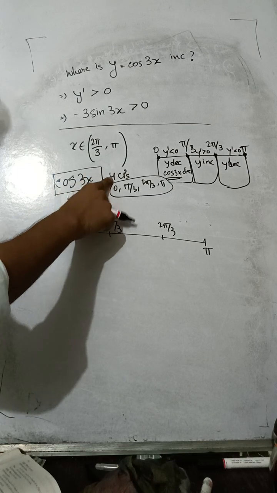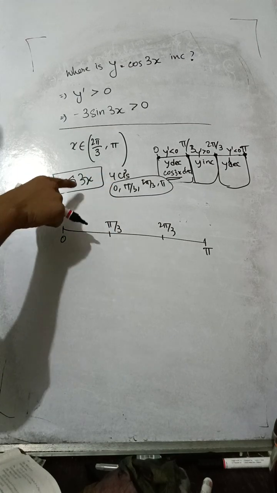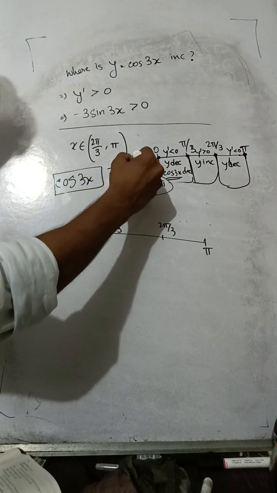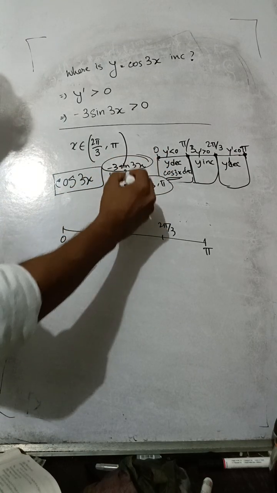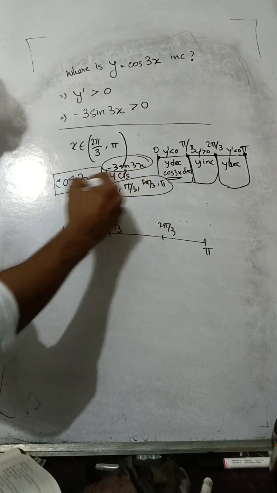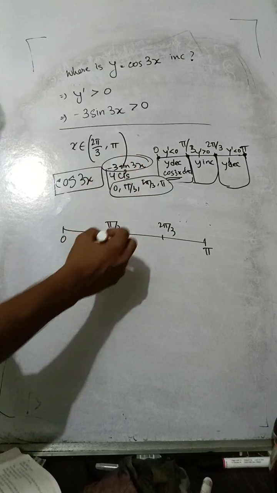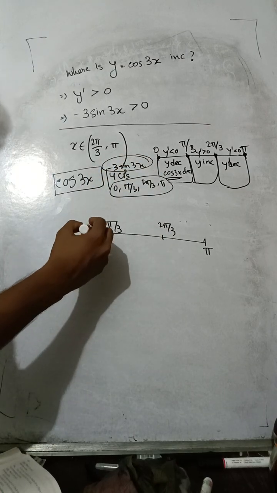These 4 critical points are of the derivative of cosine 3x, that is of minus 3 sine 3x.